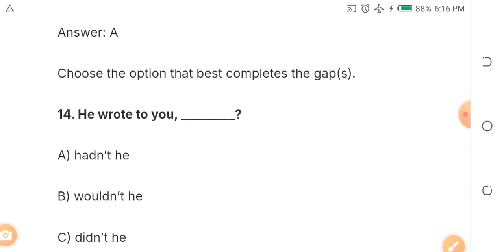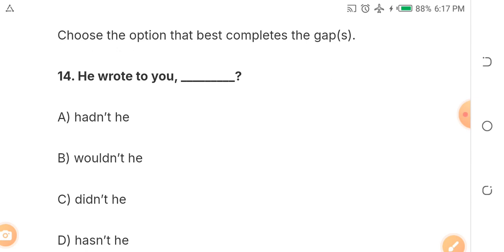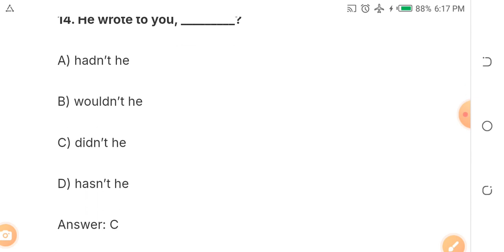He wrote to you, dash. Choose the option that best completes the gap. A, hadn't he? B, wouldn't he? C, didn't he? D, hasn't he? The answer is C, didn't he?